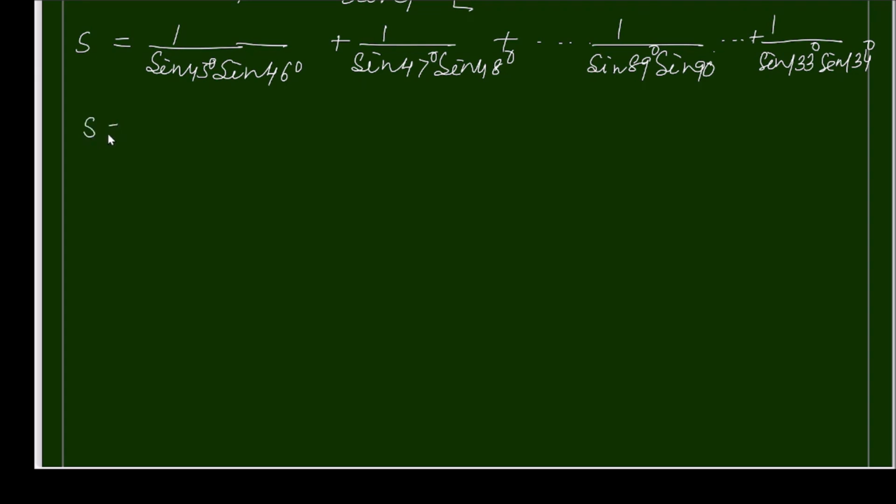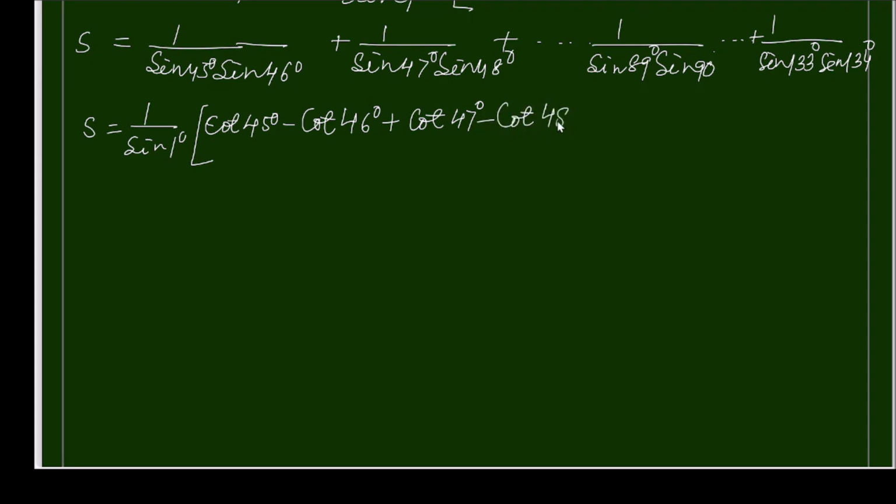This is equal to 1 by sine 1 degree, which I'll take outside, times: first term cot 45 minus cot 46, plus cot 47 minus cot 48, and so on, cot 89 minus cot 90, plus cot 91 minus cot 92 degree, so on.